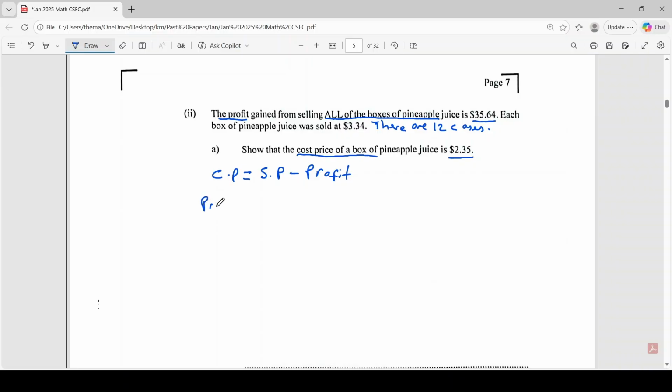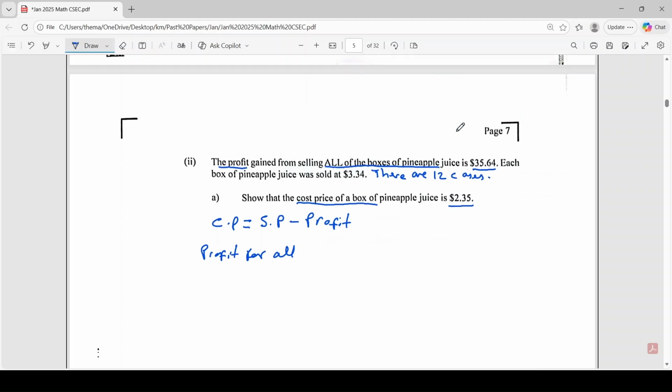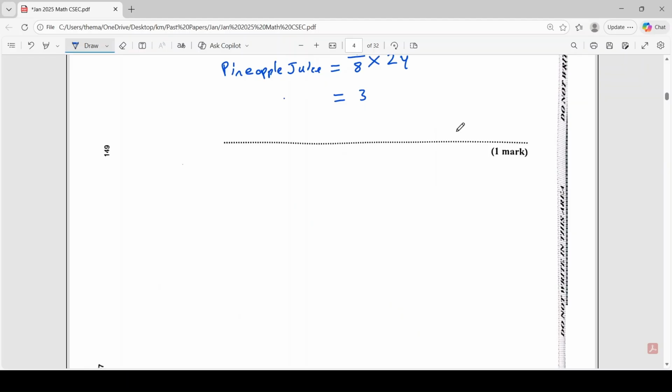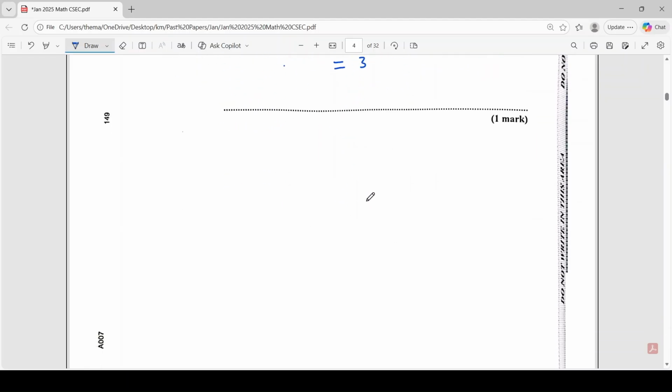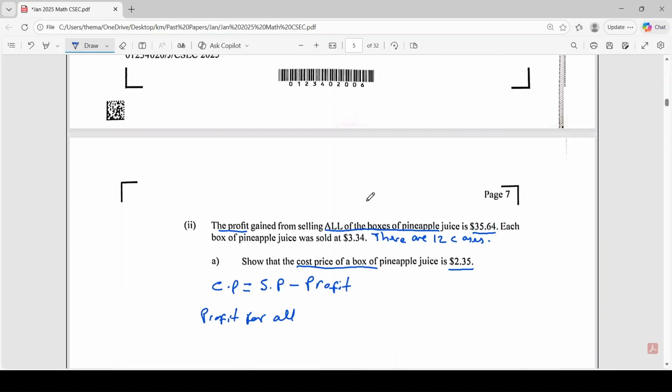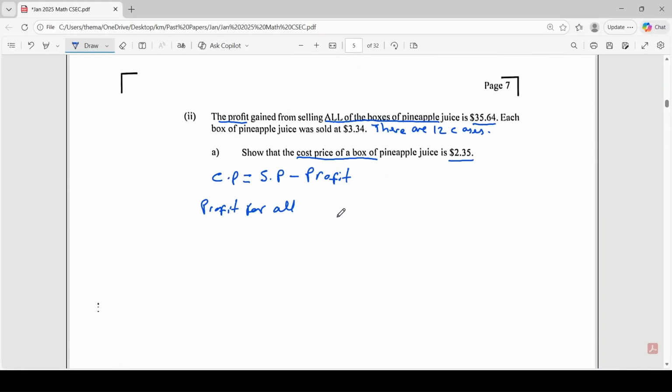So the profit for all pineapple juice boxes was 35.64. If there are 12 cases, and each case contained 3 pineapple juice, that means in the 12 cases we have 36 pineapple juices.